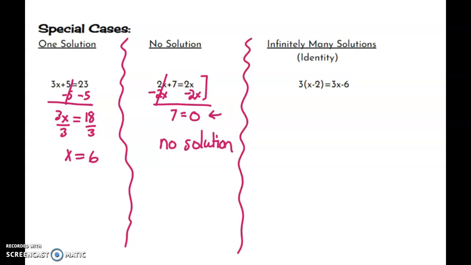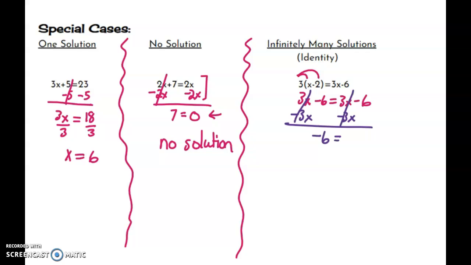I'm going to draw a little squiggly line to separate it, and let's try this one. I need to distribute, so I have 3x, and then 3 times negative 2 is negative 6. I don't need to combine like terms. So now I'm going to move the 3x so that it's on the same side as the other one. I'm going to subtract 3x to move it to the right. Then 3x minus 3x is 0, but I still have negative 6.